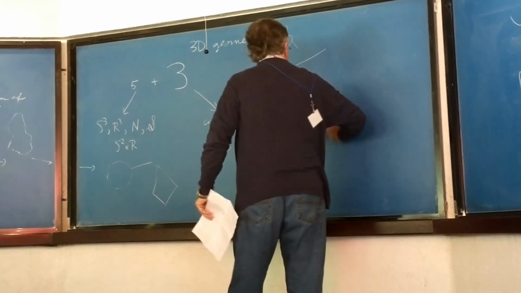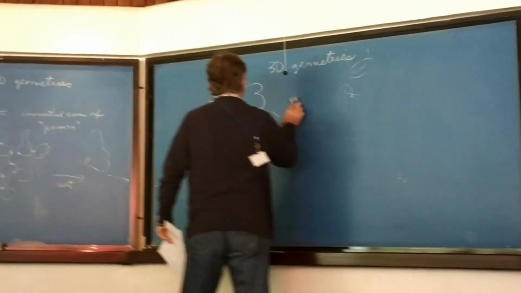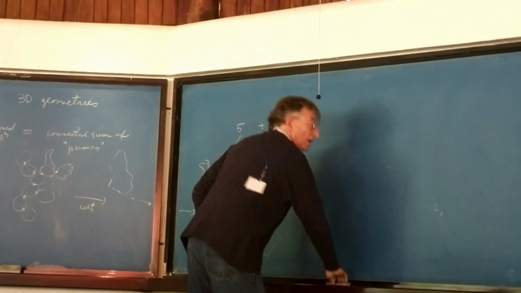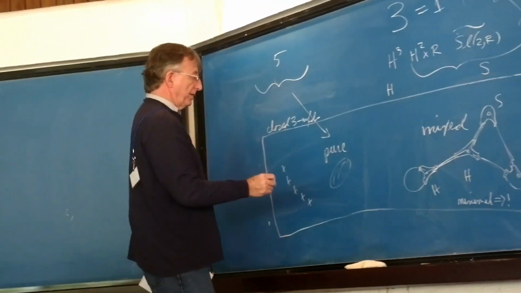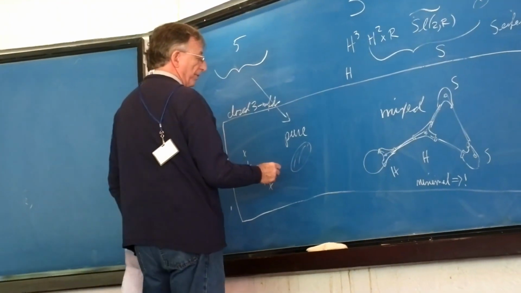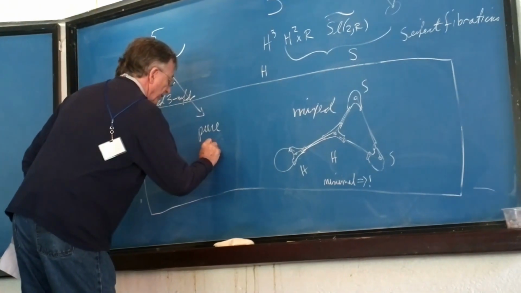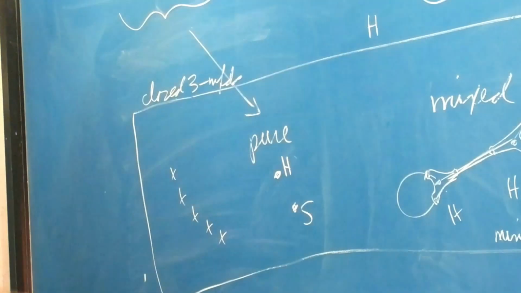So three manifolds are kind of, you can list them, or at least put them in boxes. And you could have an H and an S also, one of these S's.